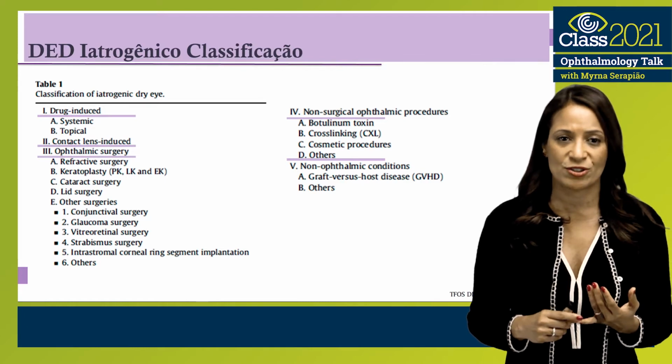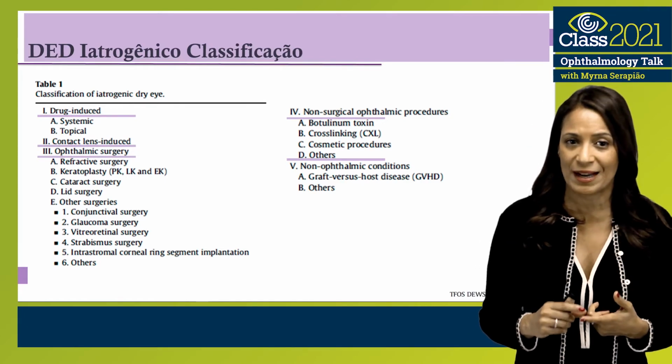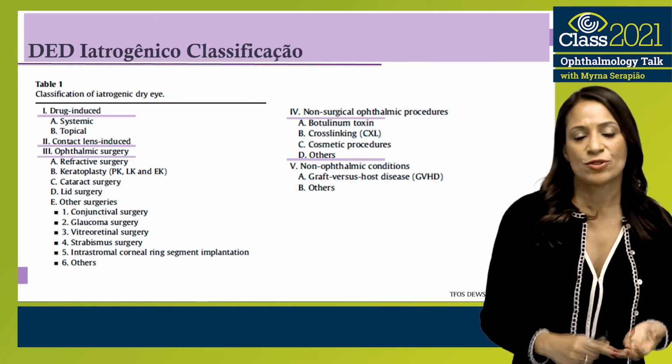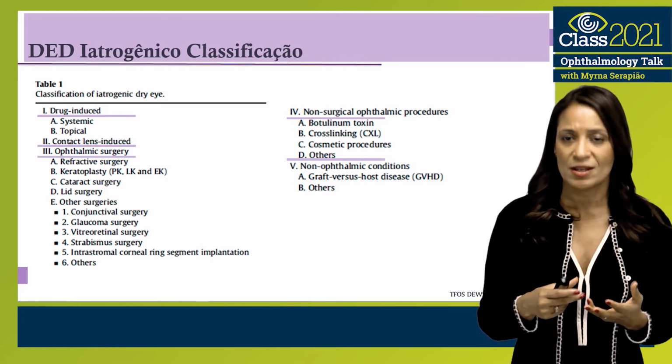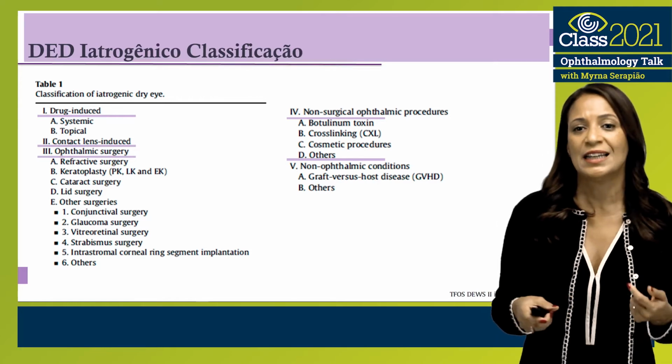All of them can induce dry eye in patients, and so can some other procedures such as botulinum or cross-linking. To remember, other diseases can also significantly impact, such as GVHD or graft versus host disease, and we will speak specifically about one of these.